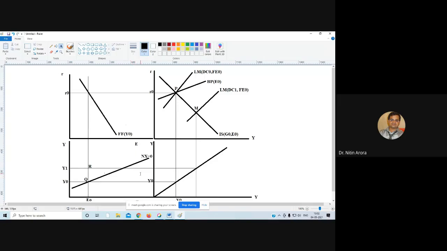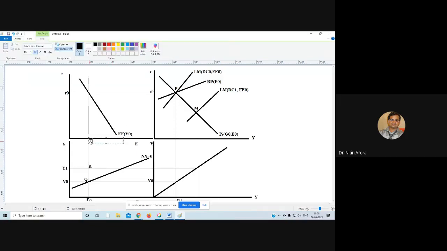Obviously, this point R is to the left of net exports curve. So net exports are in deficit. We can say that current account is in deficit, right? Exchange rate will remain fixed at E0 because it is not flexible, so it is not going to change at all.